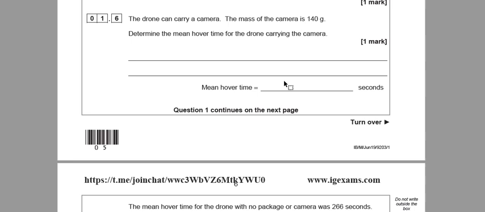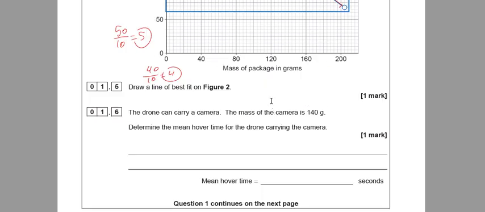The drone can carry a camera. The mass of the camera is 140 gram. Determine the mean time for the drone carrying the camera. We will find 140 gram on the x-axis.